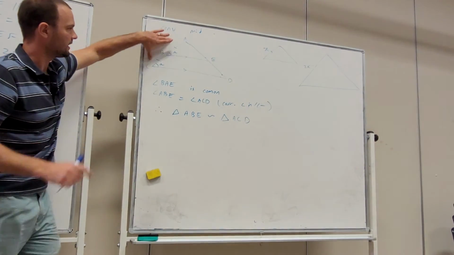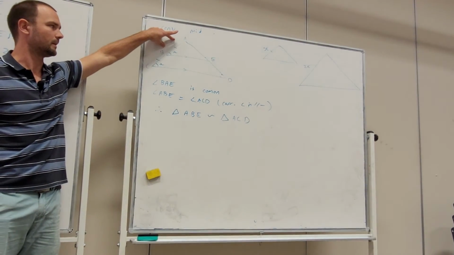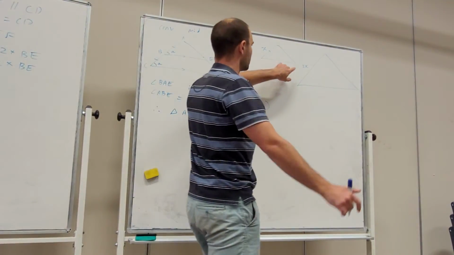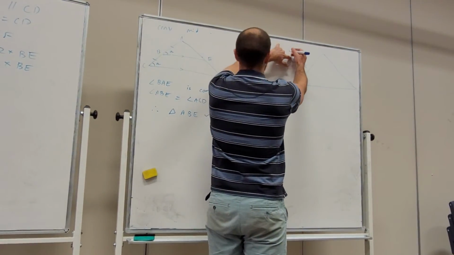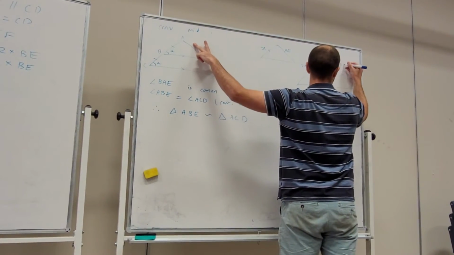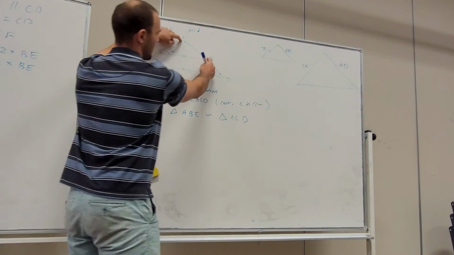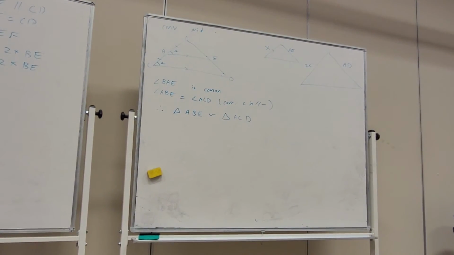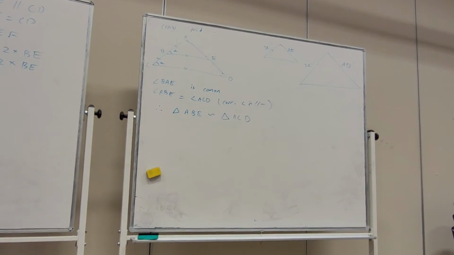Length AC is twice as far as AB. And then we've got these points over here. This side is going to be AE, and this side is going to be AD. So on the little triangle, it's AE. On the big triangle, it's AD.